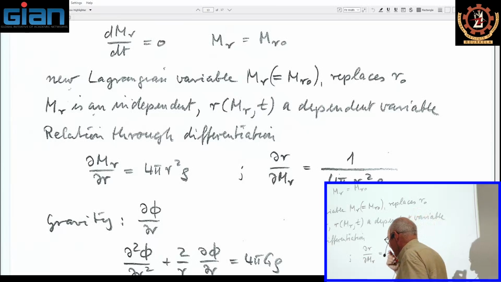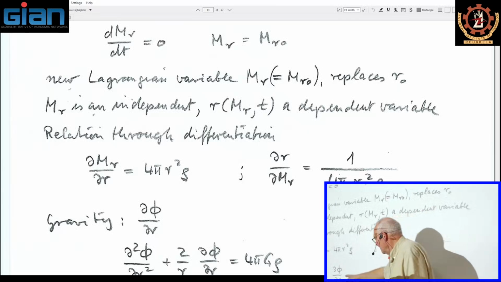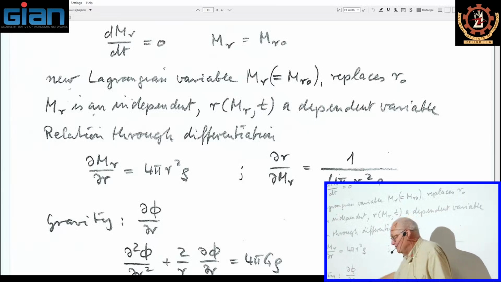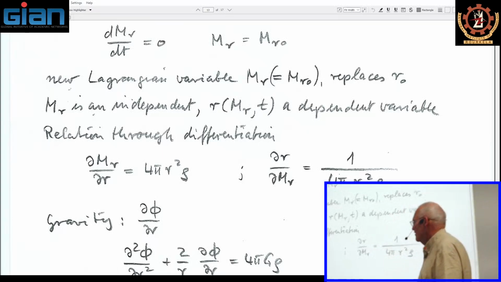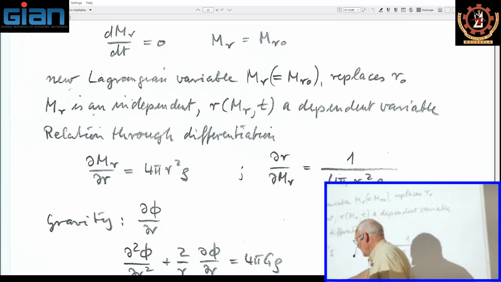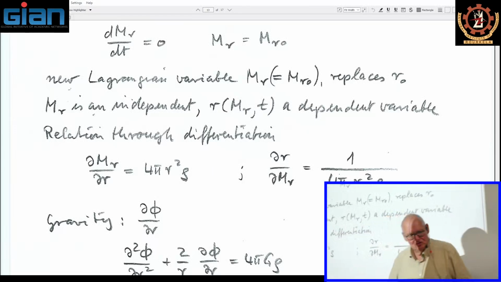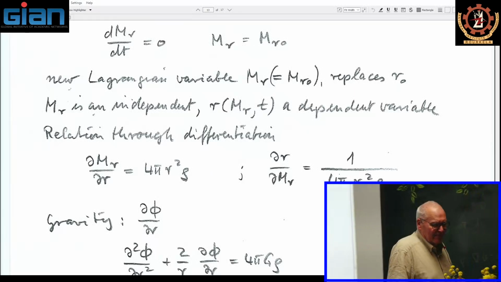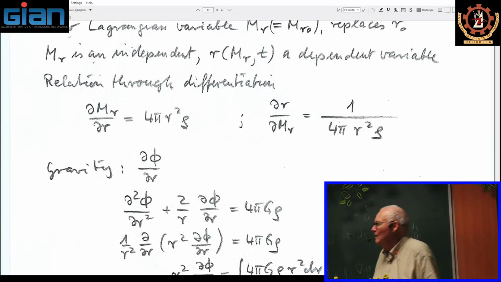Okay. First of all, of course, we are interested in gravity. Gravity, in an Eulerian sense, is given by the derivative of the potential with respect to r. R is now the Eulerian variable, and we have the equation which determines the potential, which is Poisson's equation.